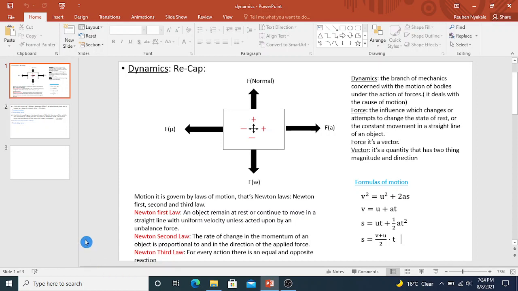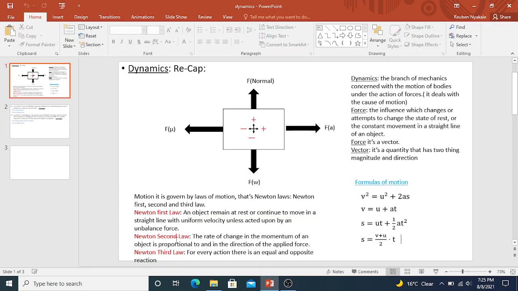Newton's first law says an object remains at rest or continues to move in a straight line with uniform velocity unless acted upon by an unbalanced force. Now, when an unbalanced force acts on an object, it will either come to rest or it will cause the object to move. That's what it says. Therefore, you need to know it, and you need to know how to apply it.